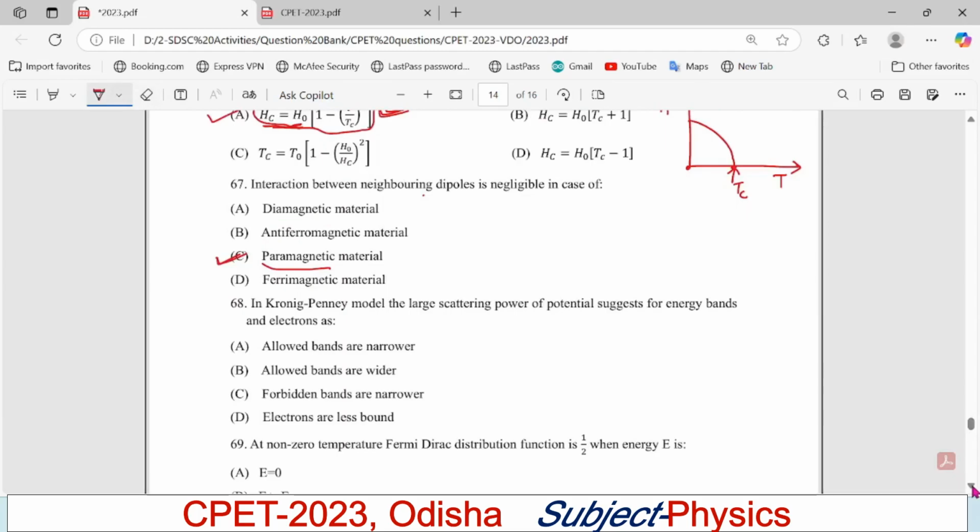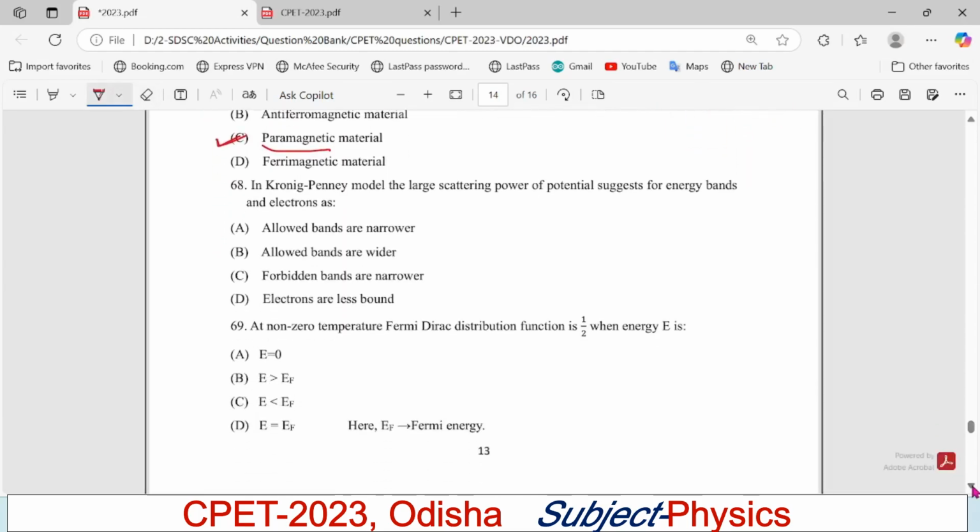Question 68. In the Kronig-Penney model, the large scattering power of the potential suggests, for energy bands and electrons, allowed bands that are narrower. Why this option? See, in the Kronig-Penney model, maybe you remember this expression: P sin(alpha a) by alpha a plus cos(alpha a) equals cos(ka). If P is large, the allowed bands are narrower.